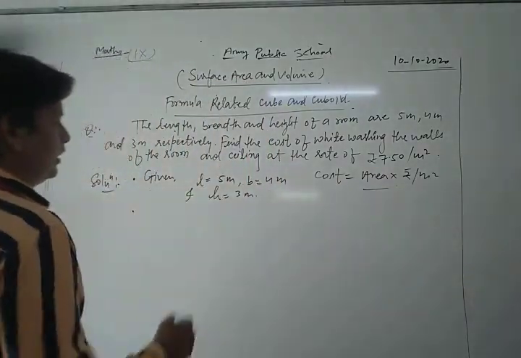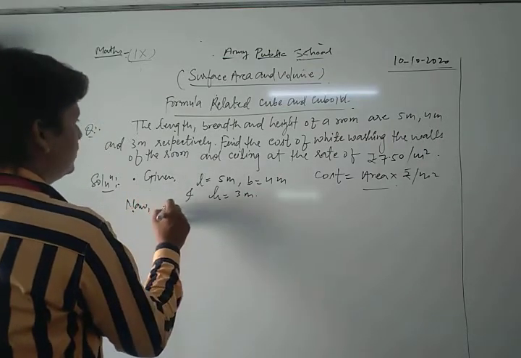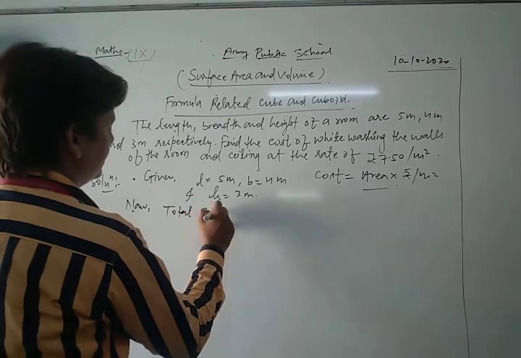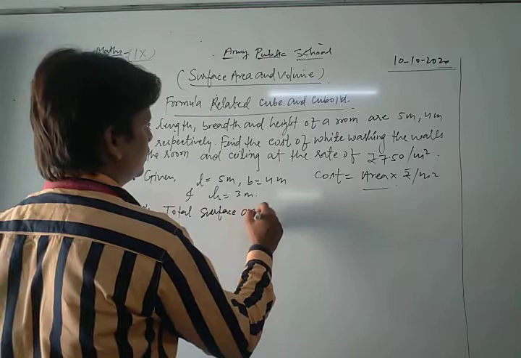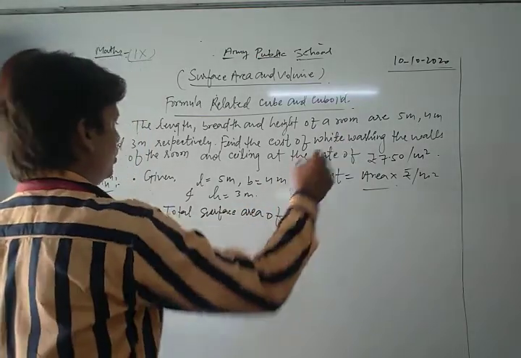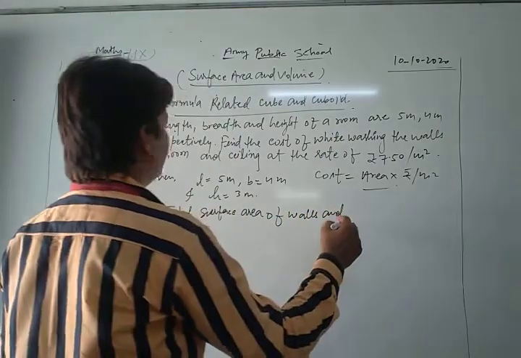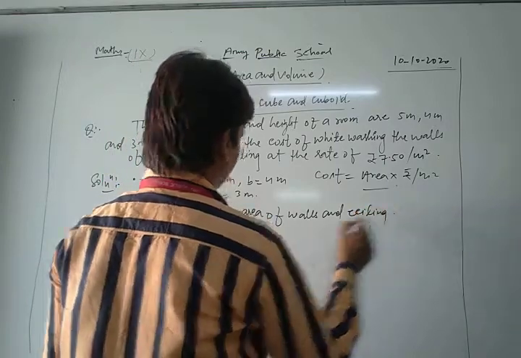Now the total surface area of walls and ceiling is equal to what?